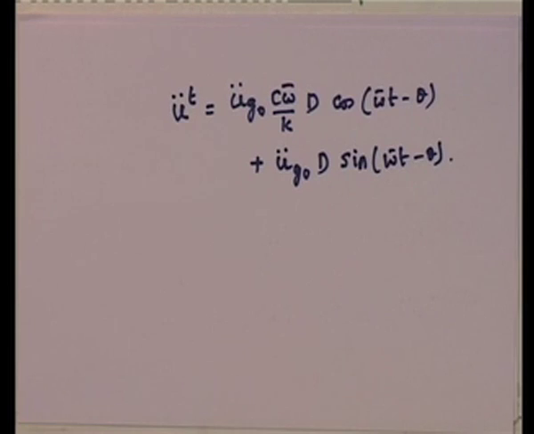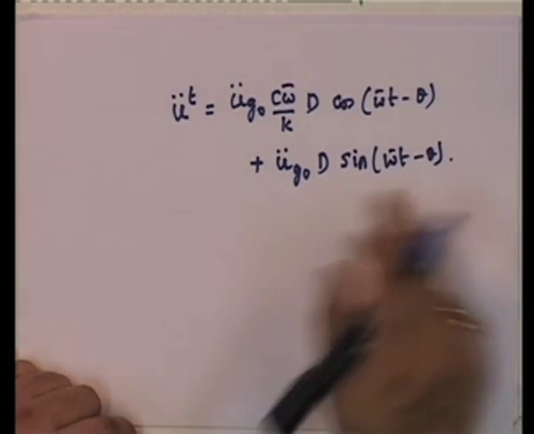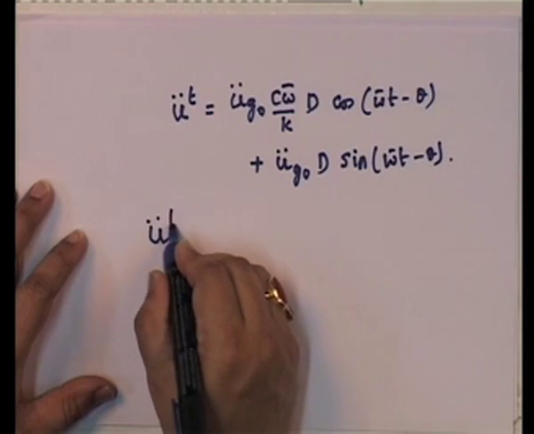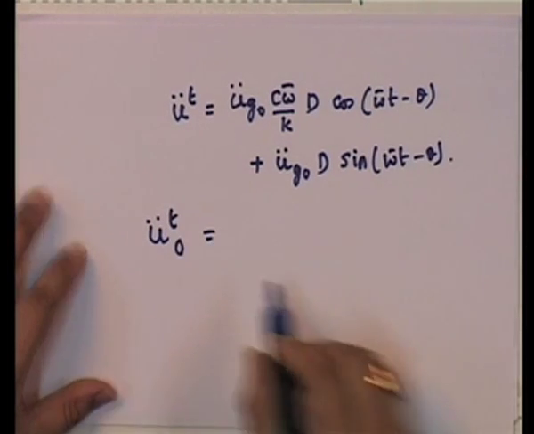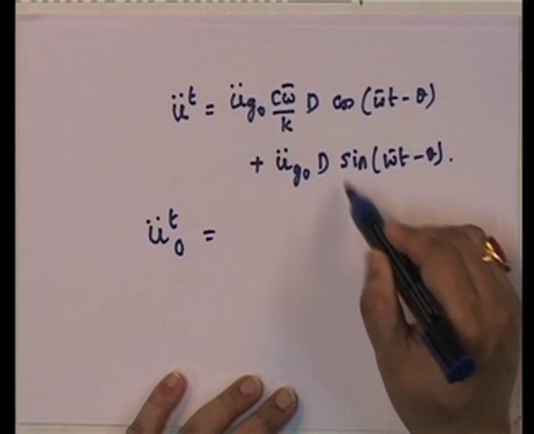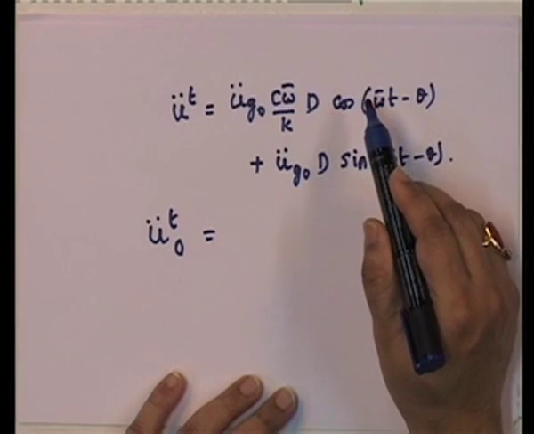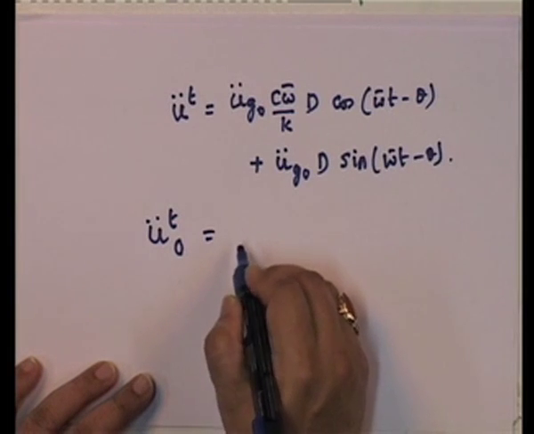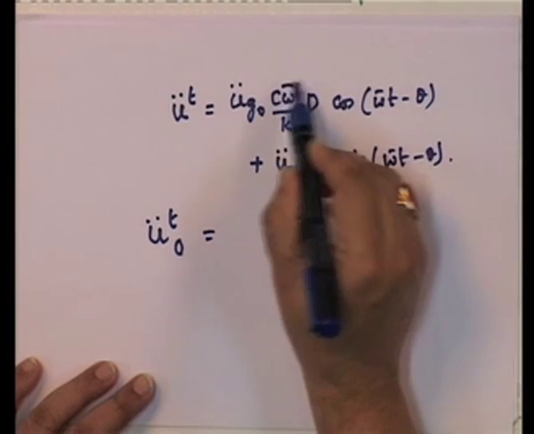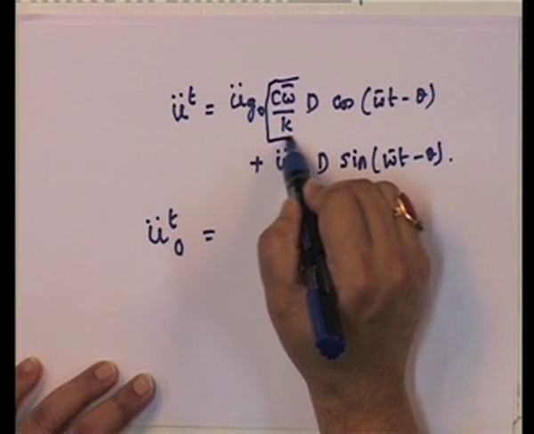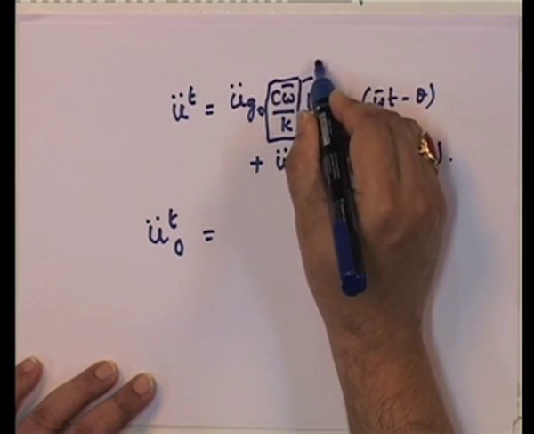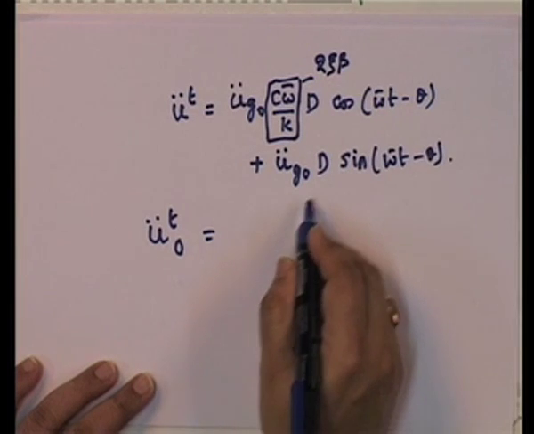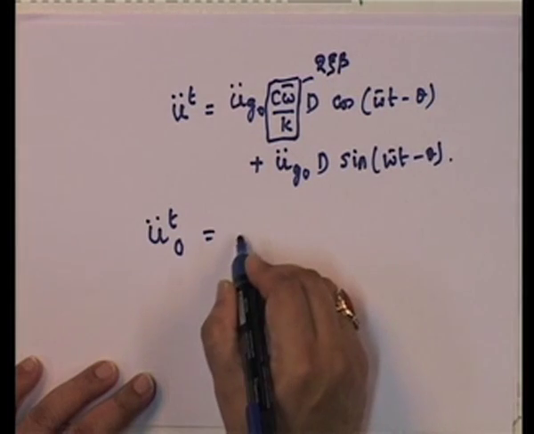Now, understand that we are not interested in the time domain of the response, we are interested in the amplitude. So, what is the amplitude? Note that this is a sine function, this is a cosine function. So, therefore, the amplitude becomes the following, and note what is this equal to? We know what this is equal to. This is equal to 2 xi beta. So, I am going to take u g 0 d outside.